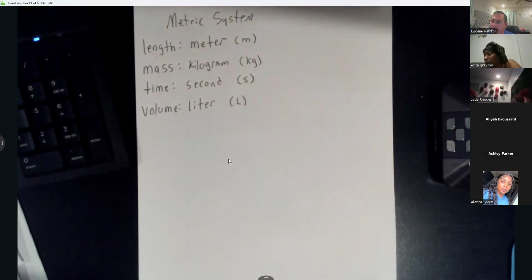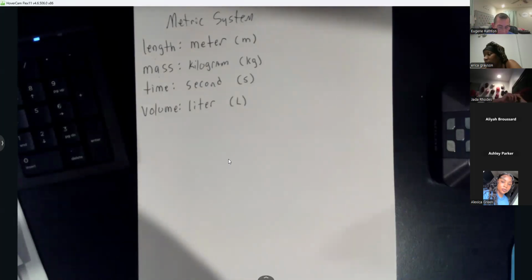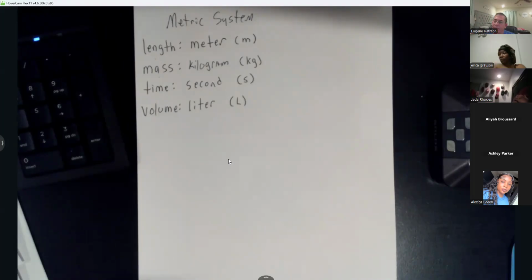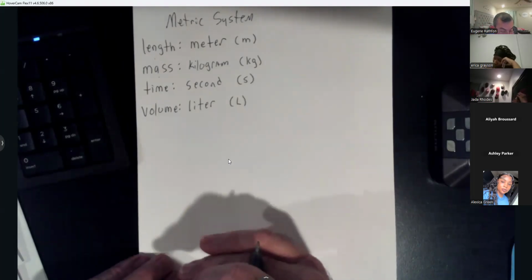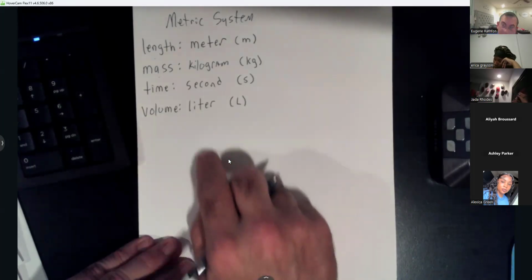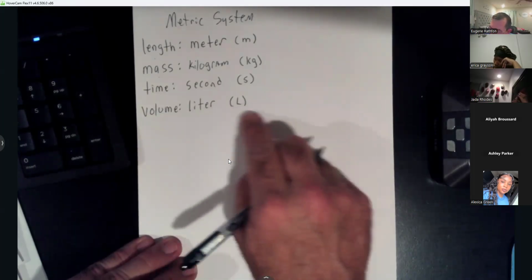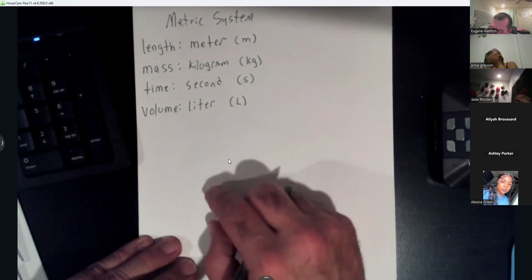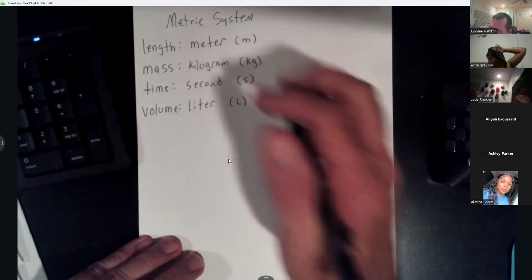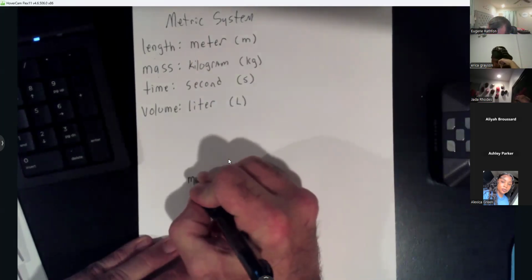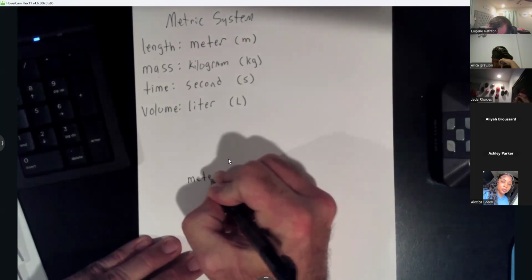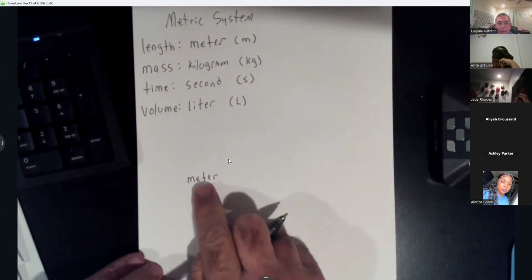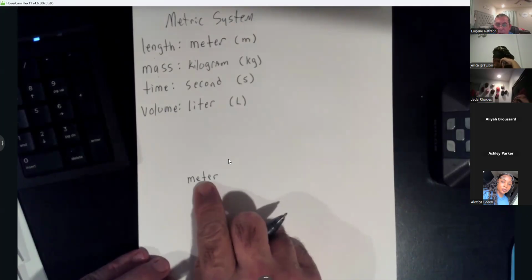But y'all remember the metric system uses definitions for different place values. Okay, so I'm going to give you a chart. So we'll just use meters as our middle. So below meter, that's the common unit.